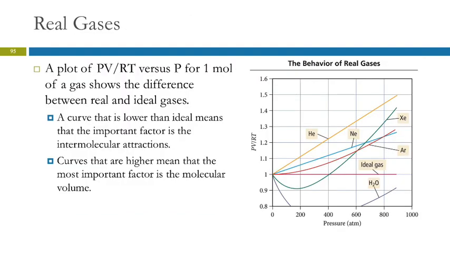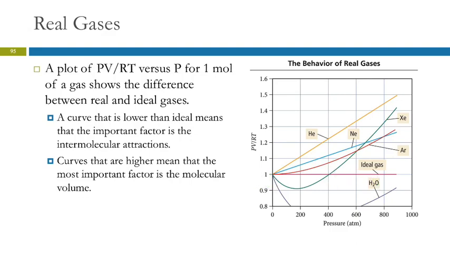If we graph PV over nRT. So this PV over nRT should equal what? n, right? Amount of gas in moles. If we graph that versus pressure in atmospheres for 1 mole of a gas, ideal behavior, this should be the same at all pressures.